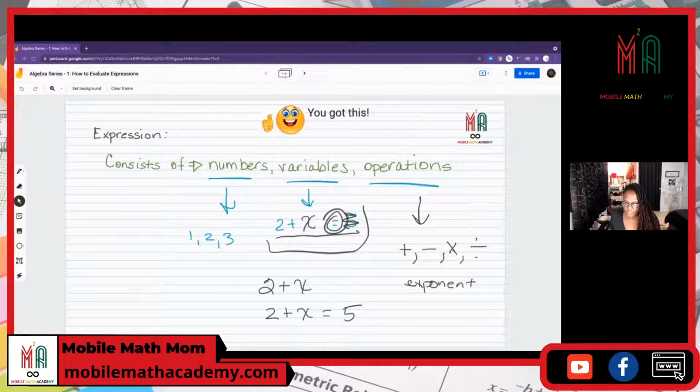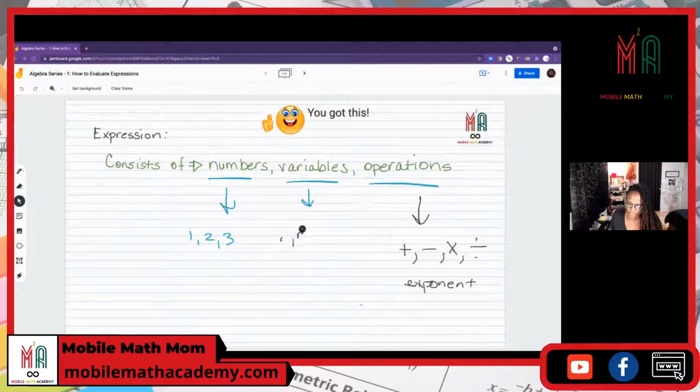Notice the difference? An equation has an equal sign, all right? But let's not get confused. Just wanted to point that out. So variables are letters. You can have an x, an m, a p, a z, a y, those are variables. All right, next.